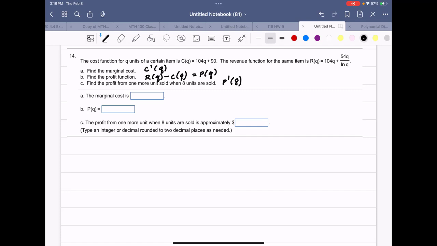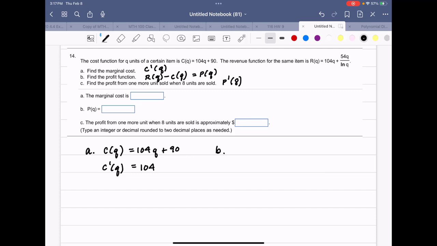So our marginal cost is the derivative of the cost function. So C prime of Q is going to be 104.